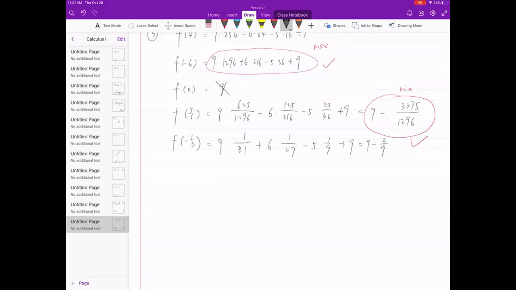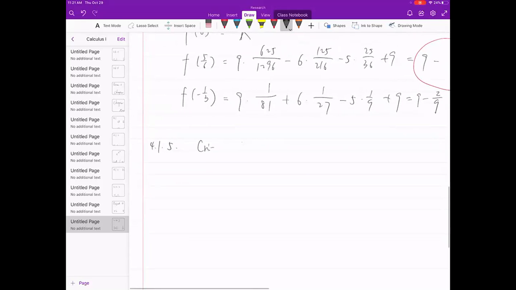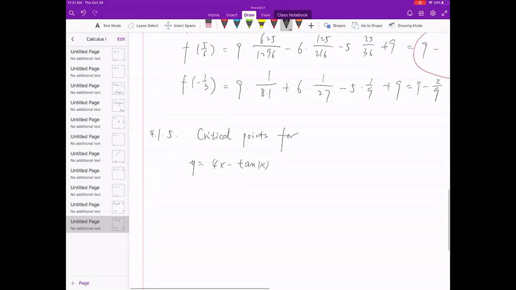Find the critical points of the function this. Now we know for critical points. Okay.